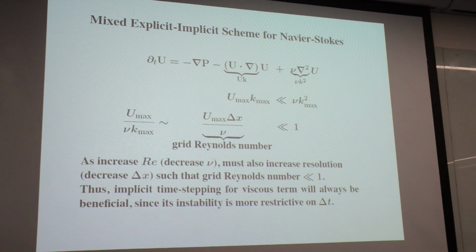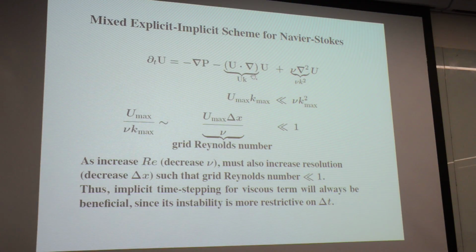Solving a nonlinear equation may not even be possible. We do it numerically, Newton's method, this and that, but it's not a procedure. Hence, there's a good reason why you would be implicit in the viscous terms and explicit in the advective terms, because it's possible to solve a linear equation and not necessarily possible to solve a nonlinear equation.